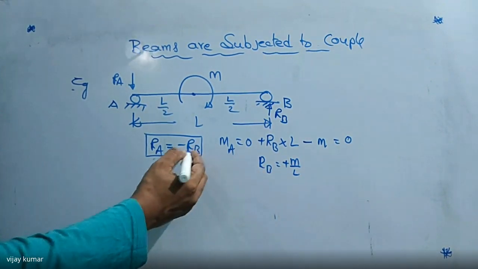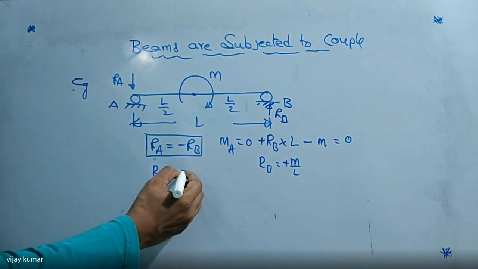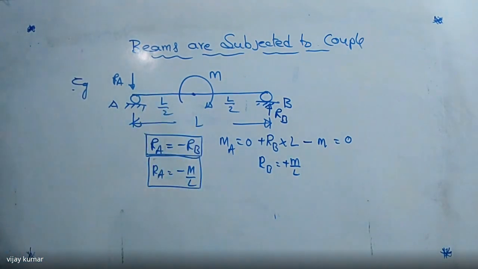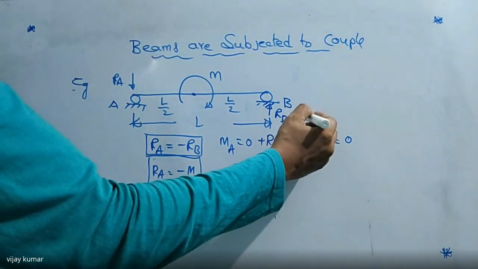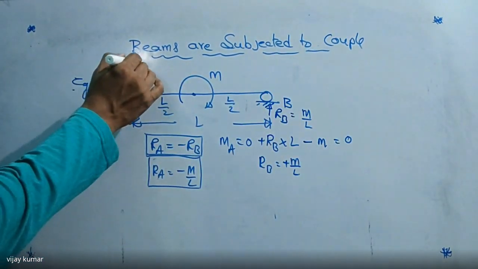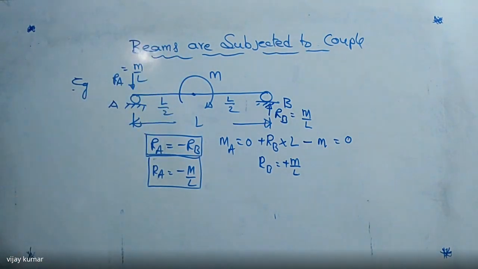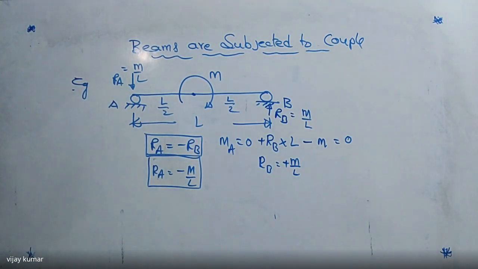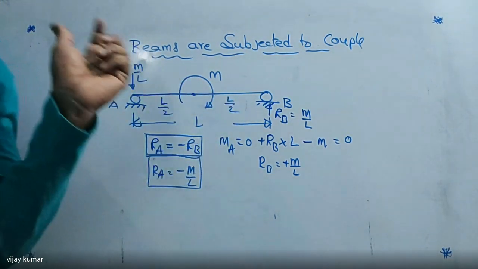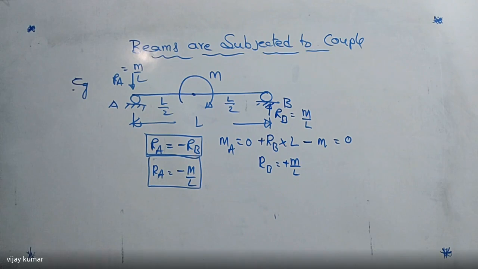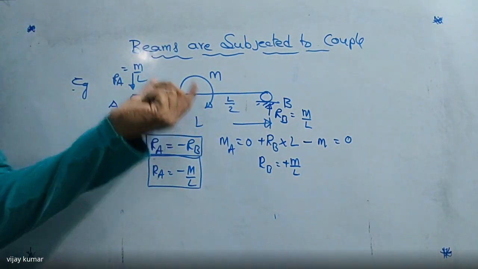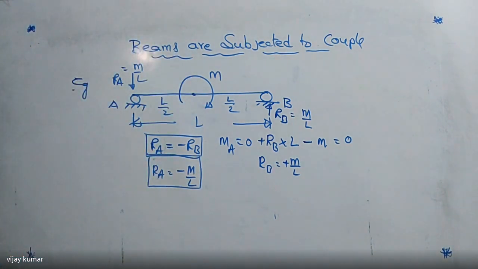When we substitute RB here, then RA is equal to minus M by L. RA is equal to minus M by L, RB is equal to M by L, but both have the same magnitude, M by L. So two points are clear: how to find the reactions at the support and their directions, and how to find the magnitude of RA and RB when this beam is subject to a couple. Did you get my point?